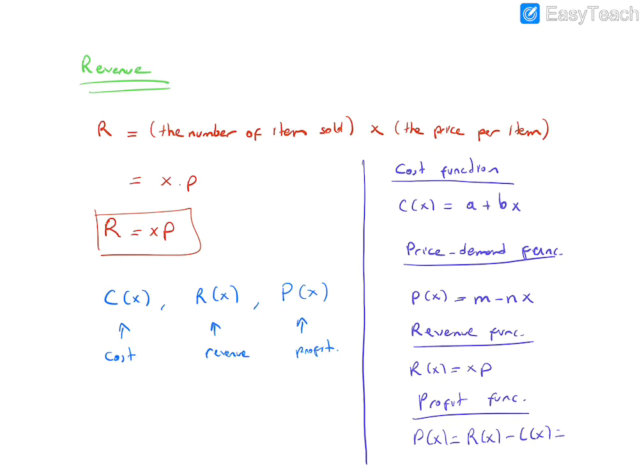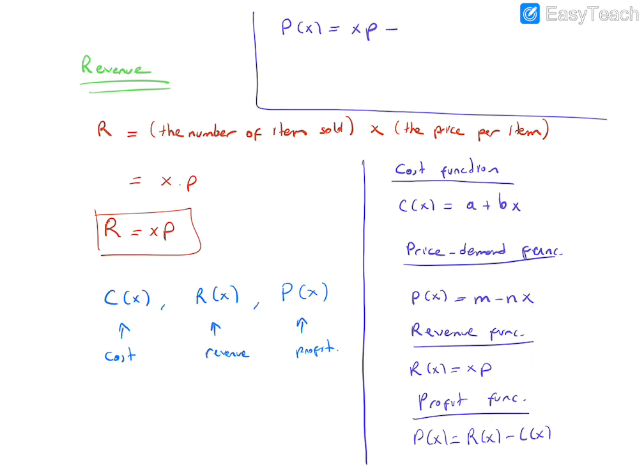Maybe we need some space, so let's write here above. So the profit equals, what is the revenue function? Revenue function is X times p. p is M minus N times X. Maybe step by step let's start. Revenue is X times p.